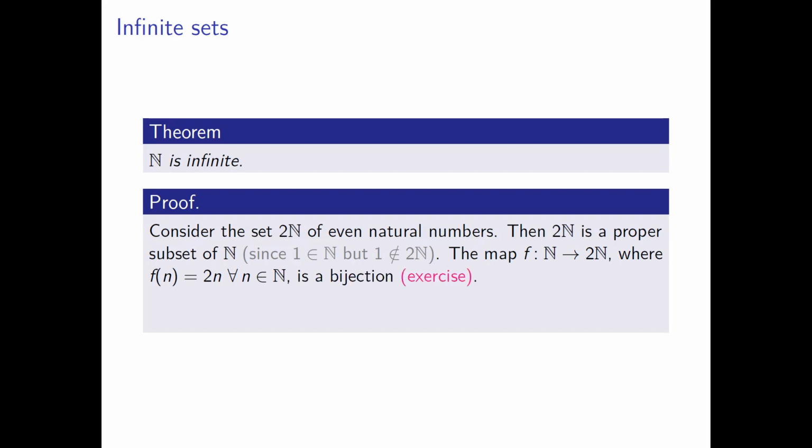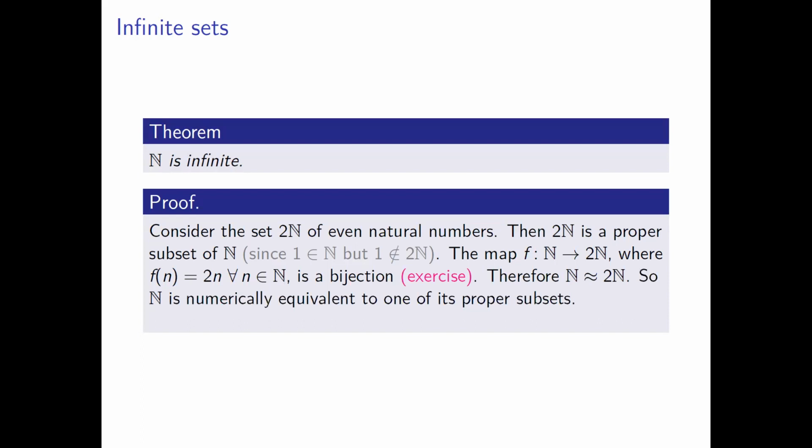The details are left as an exercise. Therefore, N is numerically equivalent to 2N. So N is numerically equivalent to one of its proper subsets. Thus, by the result in the previous slide, N is infinite. This proves the theorem.